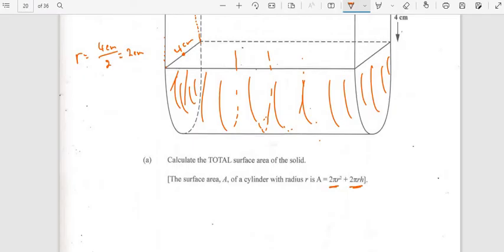So if we find the total surface area of the cylinder and then cut it in half, or divide by 2, then we have the outer part covered. So let's do that now.